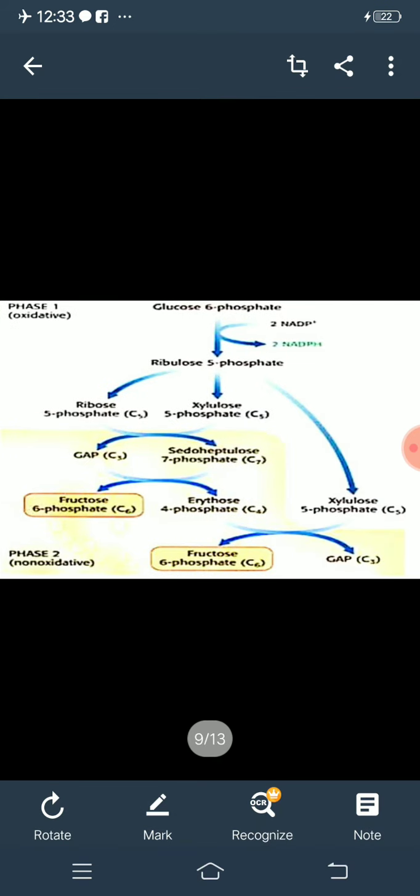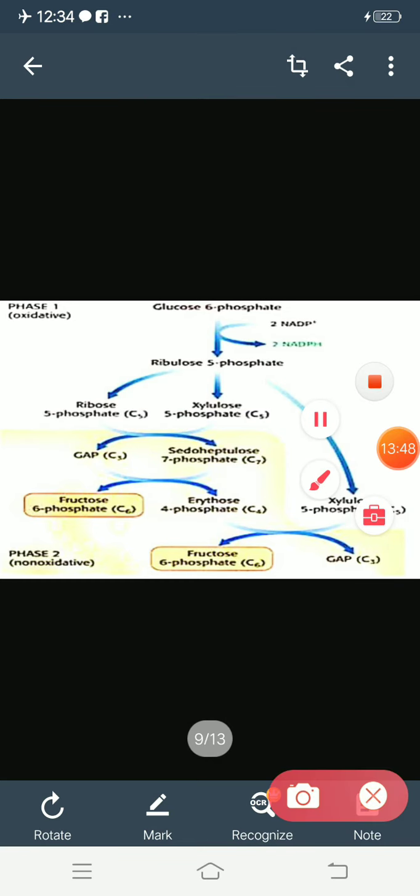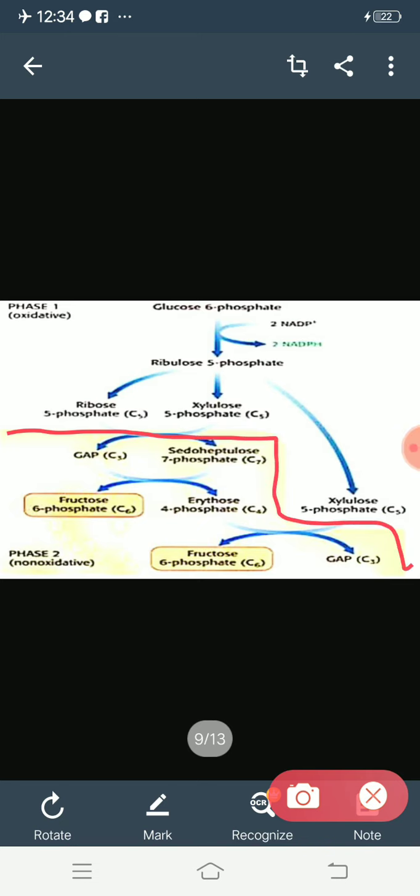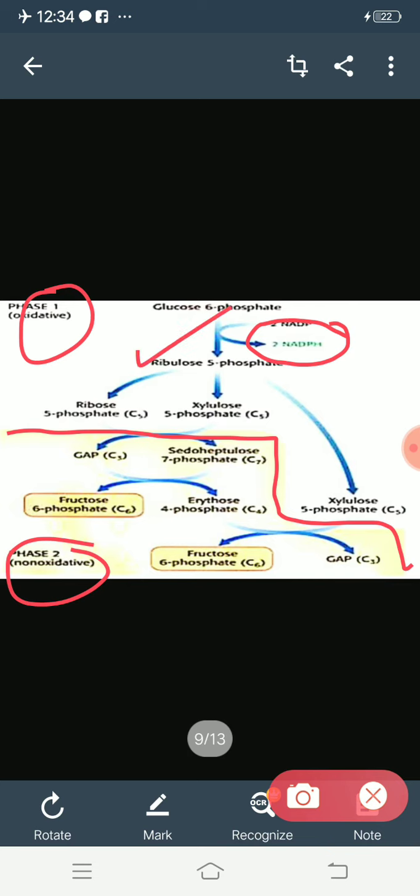The same thing is given over here. We can see this is the non-oxidative and this is the oxidative phase. Glucose 6-phosphate, by formation of 2 molecules of NADPH, gives ribulose 5-phosphate.